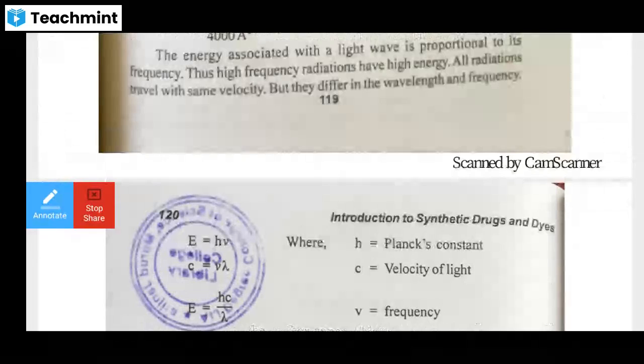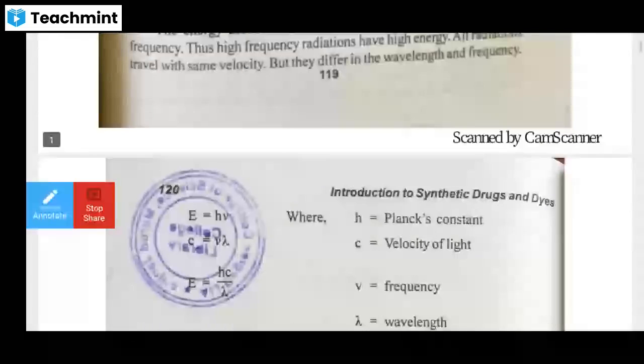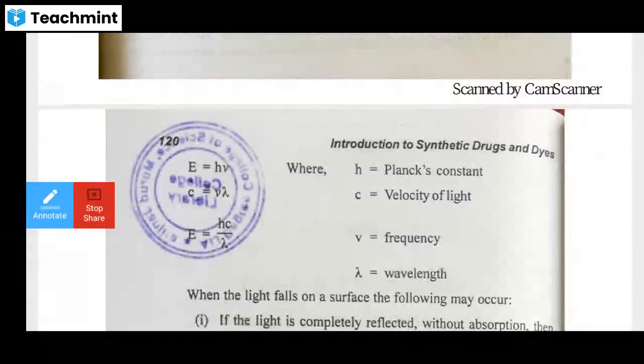As the wavelength increases, frequency decreases. The energy is E = hν, where h is the Planck constant, c is the velocity of light, ν is the frequency, and λ is the wavelength of the light.